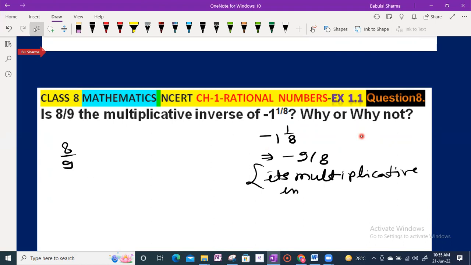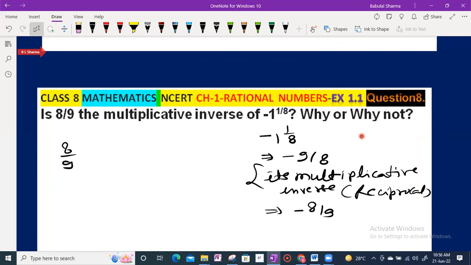Multiplicative inverse of minus 9 का multiplicative inverse क्या है? Multiplicative inverse है इसका reciprocal. What is the reciprocal of this? That is minus 8 upon 9.